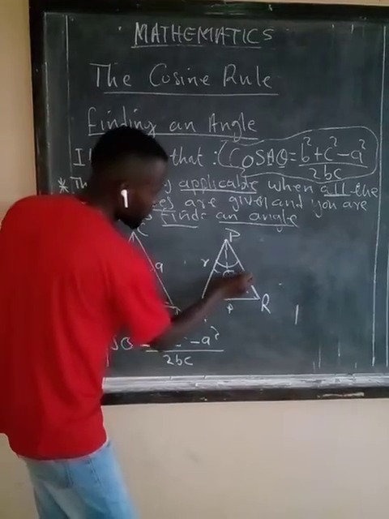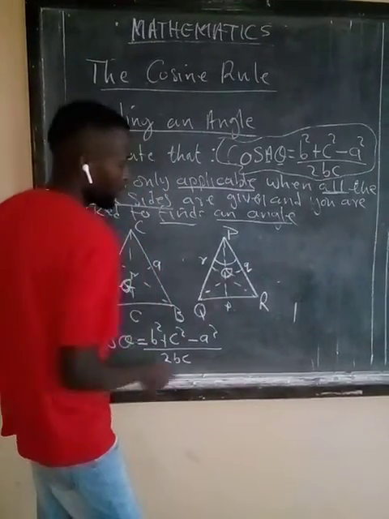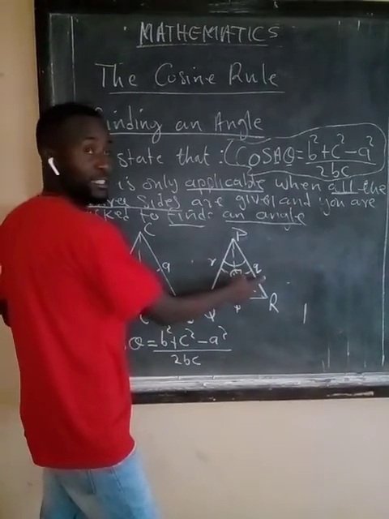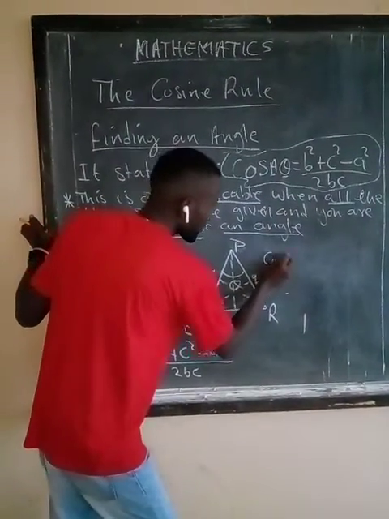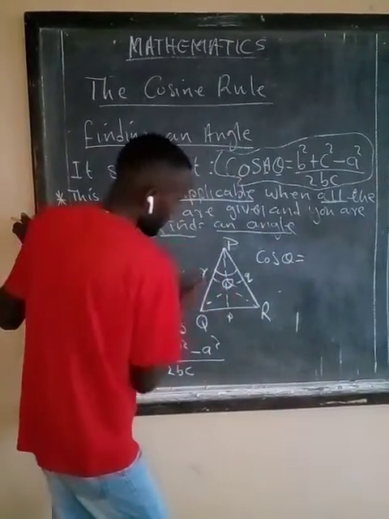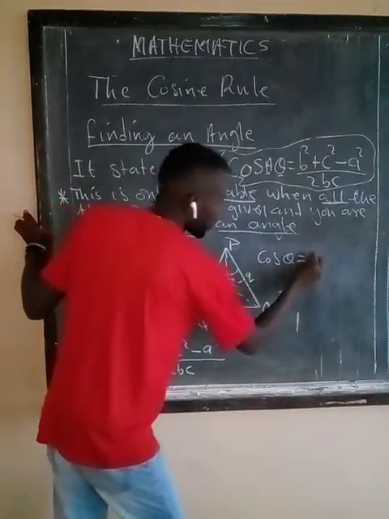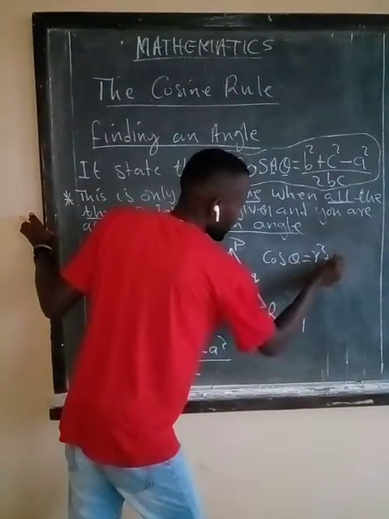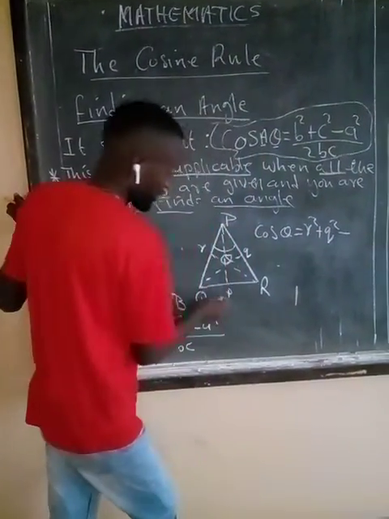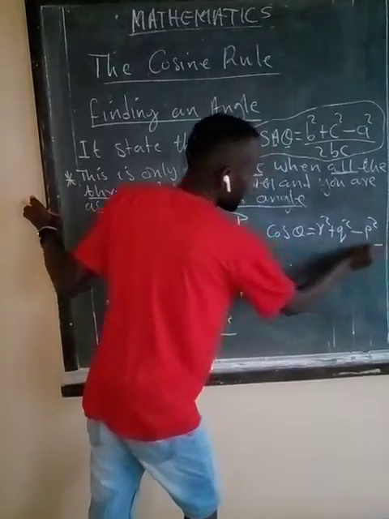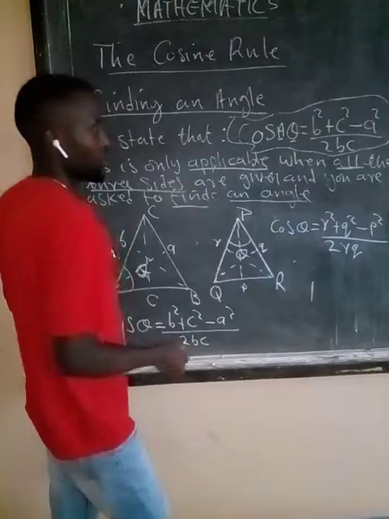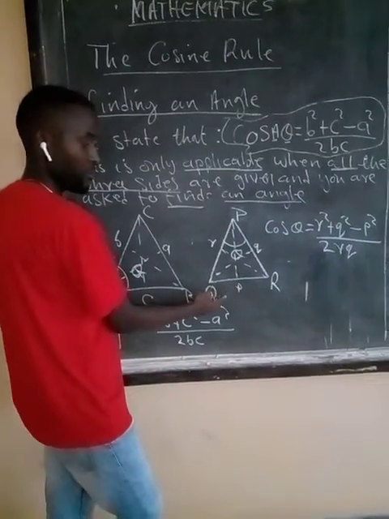So this side I'm subtracting, and these two sides I'm adding. So my formula will be cos theta is equal to R squared plus Q squared minus P squared over 2RQ. So this is the formula that I will use on this question.